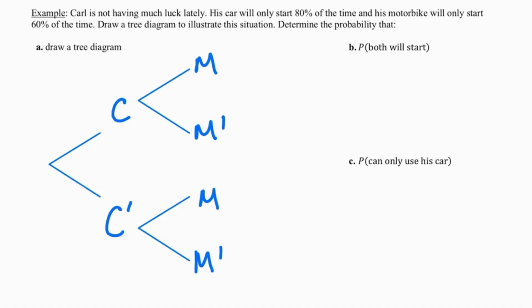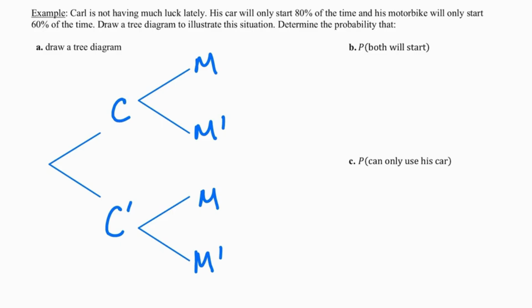His car can only start 80% of the time. So I've made a variable C. Well, the C apostrophe means that the car doesn't work. Then he has a motorbike that only works 60% of the time. And so I created a tree diagram with M and M prime, or not M, in probability notation.